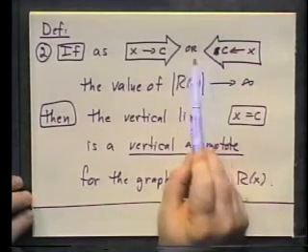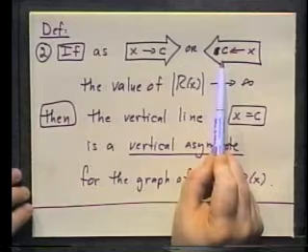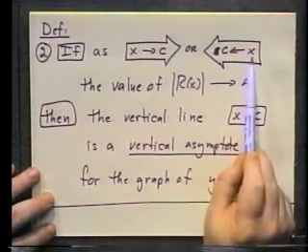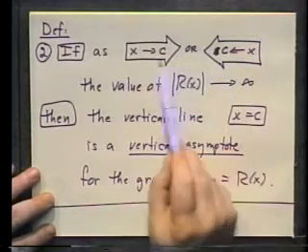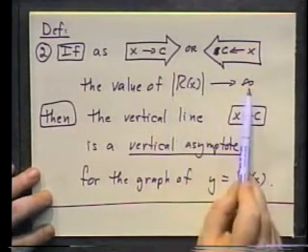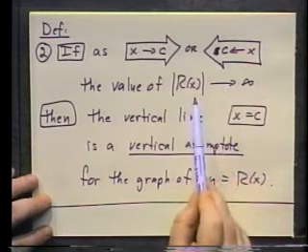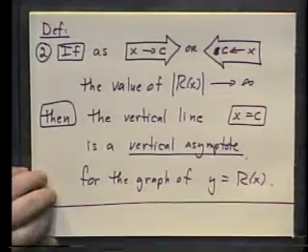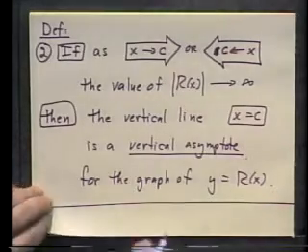So if there is some real number c sitting there, and as the x values come in on either side, the value of the function blows up, either going far up or far down, then that vertical line is a vertical asymptote for the function. And once again, to give you a visual idea of what's going on, here is a picture for you.